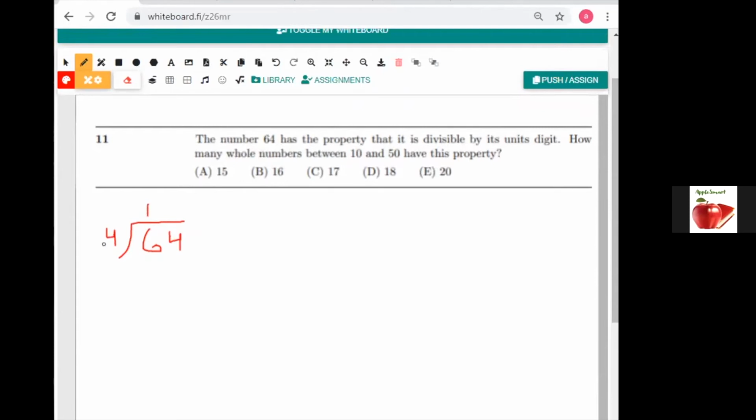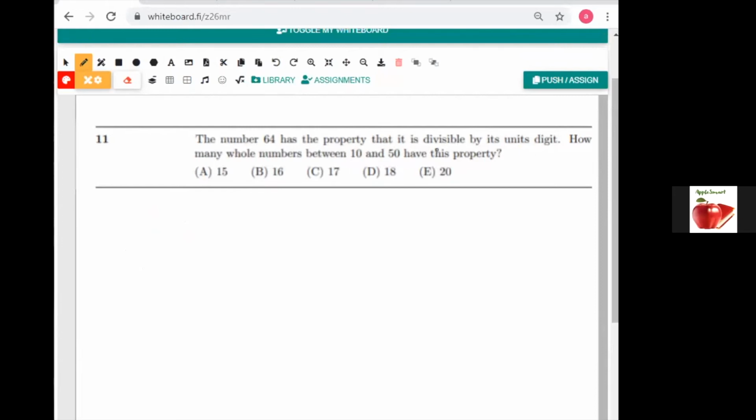Once. 1 times 4 is 4. 6 minus 4 is 2. Bring down the 4. 4 goes into 24 how many times? 6. So the answer is 16. So 64 is divisible by its unit digits. Okay. All right, let's get rid of that.